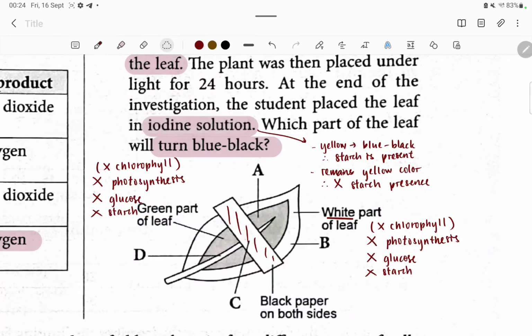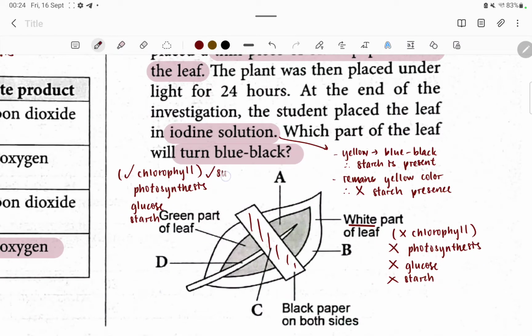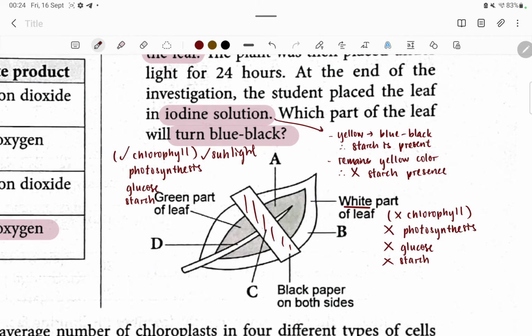Okay, so here the green part has chlorophyll. If there is presence of chlorophyll and they have sunlight also, this one photosynthesis occurs. If photosynthesis occurs, glucose is formed, starch is present.